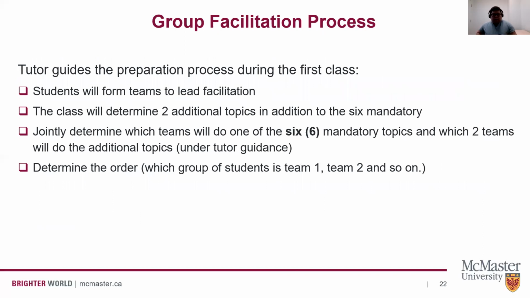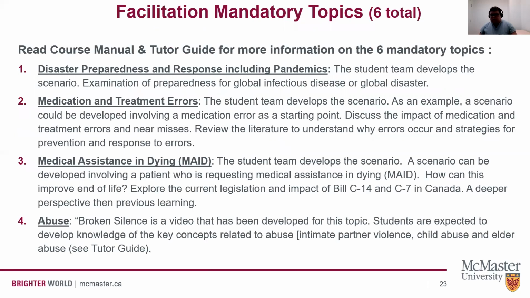Okay, so as mentioned, I'm facilitating the first class, and we're going to form up our groups by the end of the first class, as well as deciding on when each group will be facilitating. Okay, the mandatory topics are described in your manual.